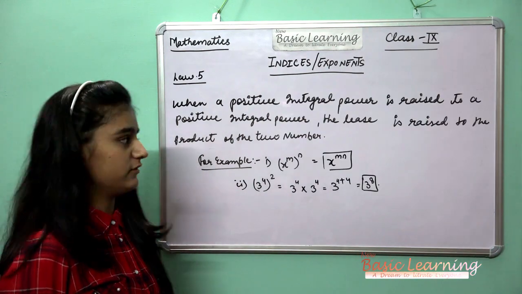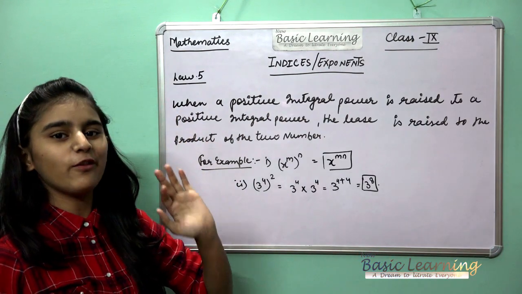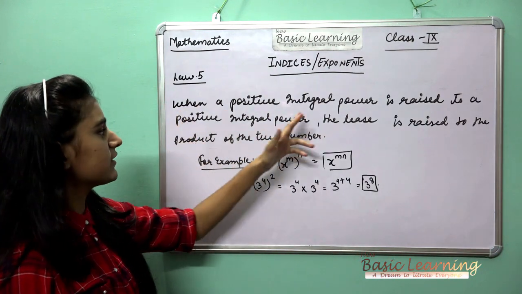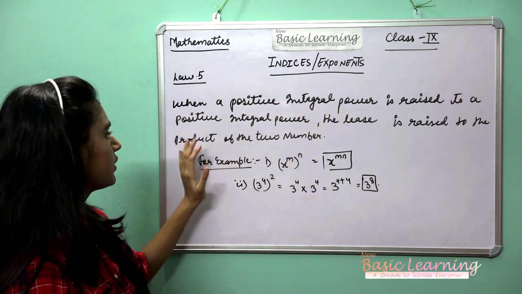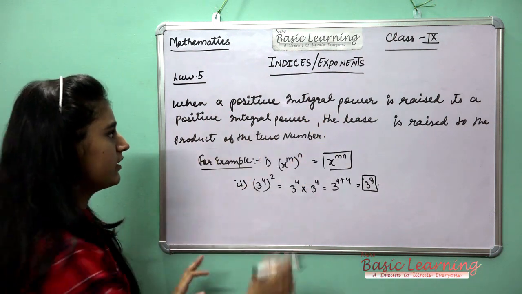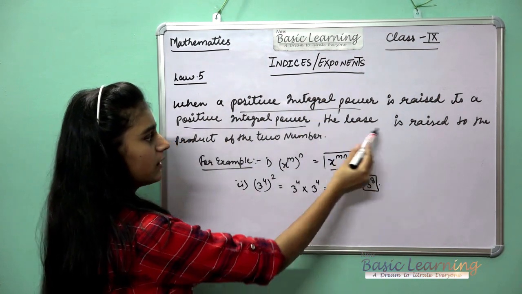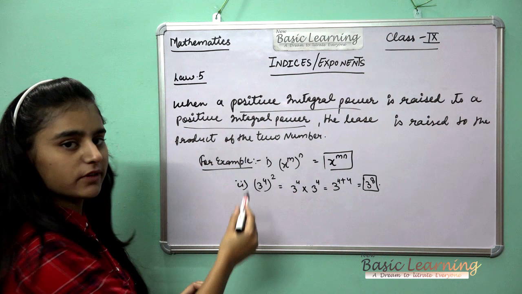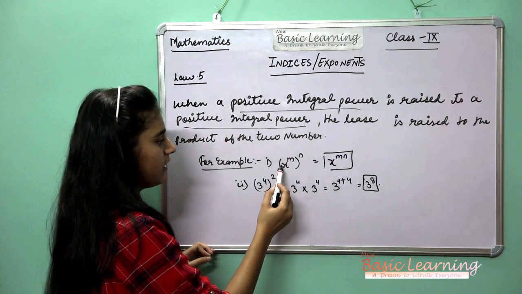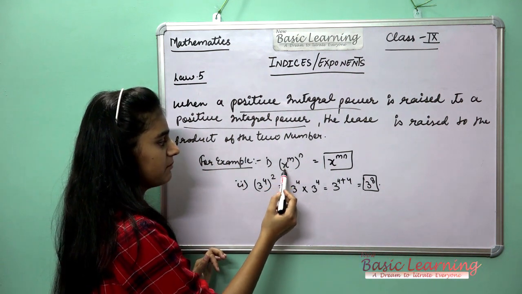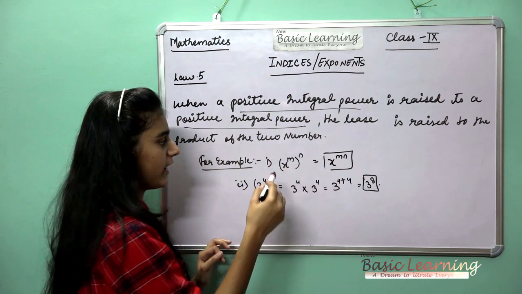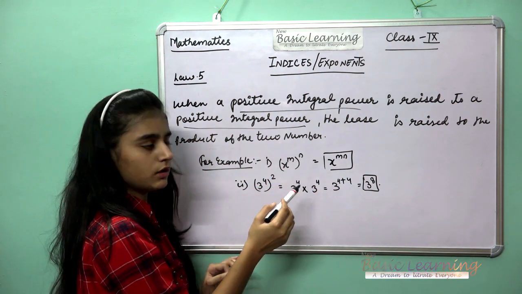Now law 5 says when a positive integral power is raised to a positive integral power, the base is raised to the product of the two numbers. For example, (x^m)^n.